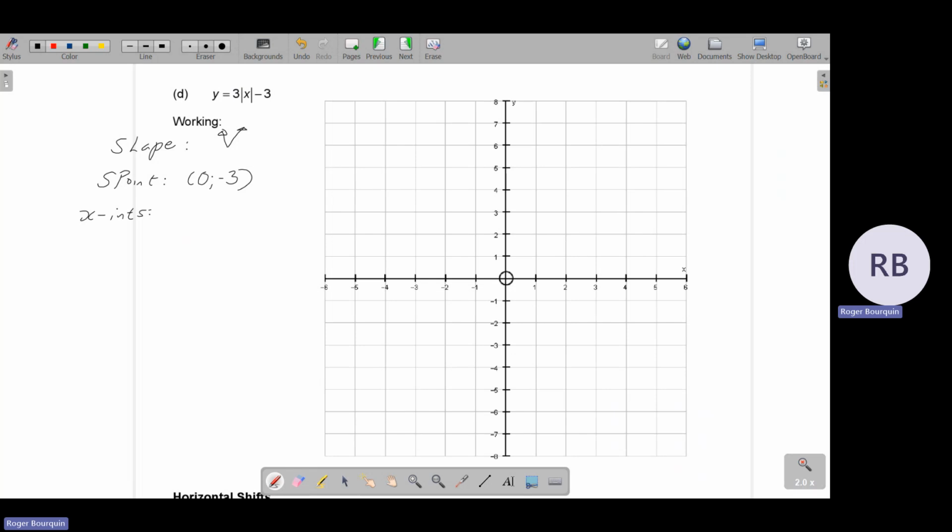Excellent. Right, so the shape is positive. Starting point is root negative 3. Are they going to be instead? Yes, they are. Find it.